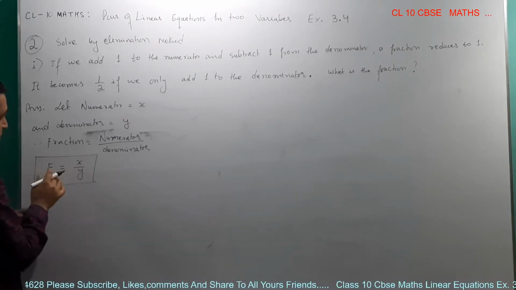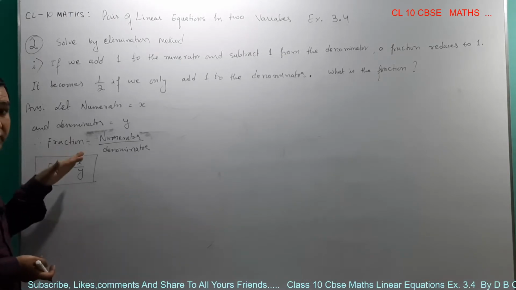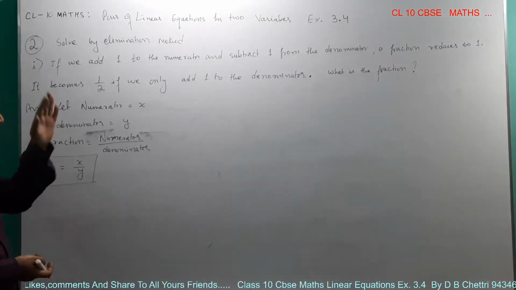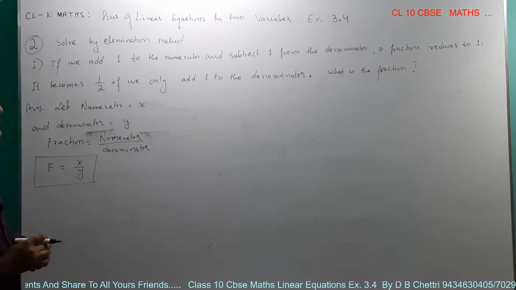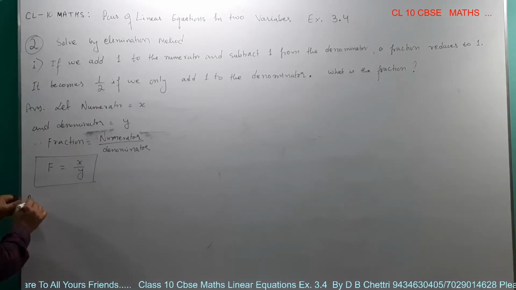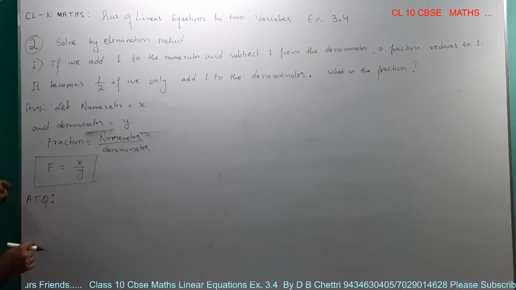According to the question, you can write the fraction with any alphabet. We are using x and y. After forming the fraction, read the question to form the equations according to the given conditions.